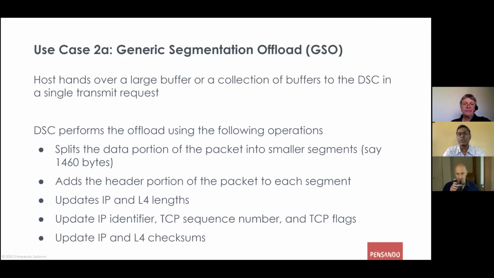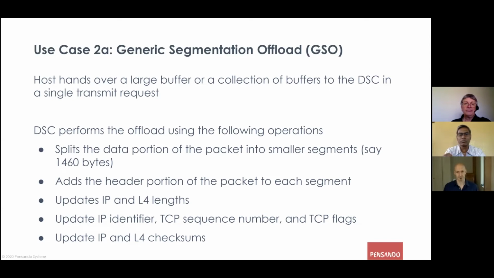The host will say, here is my buffer or a large collection of buffers, in case it wants scatter gather operations, and says, transmit this packet, and it gives that to the NIC as a single request. Now, a traditional NIC will take these buffers, and depending on the segment size, it does the segmentation.